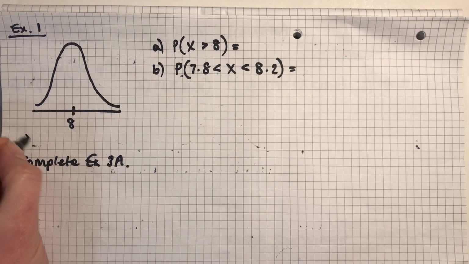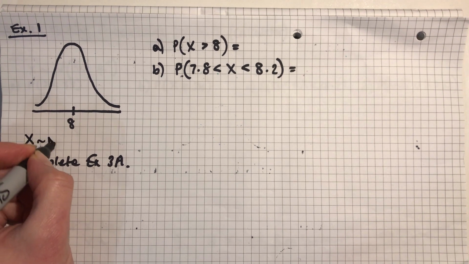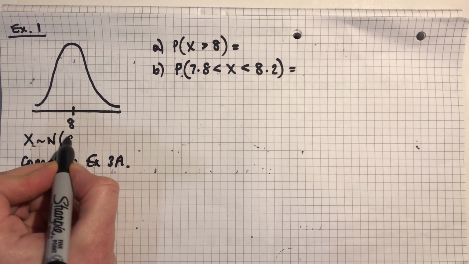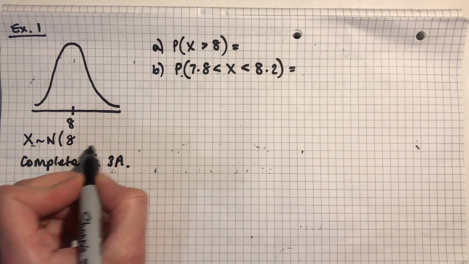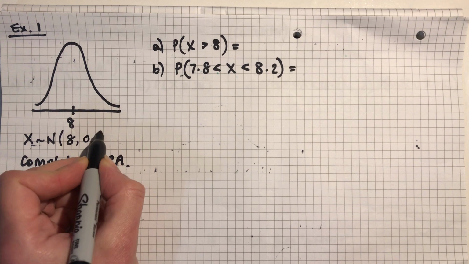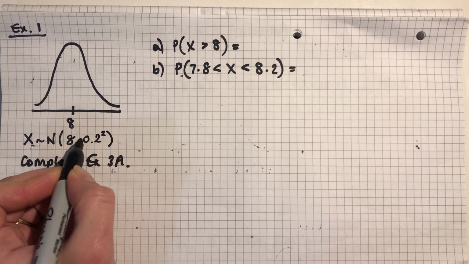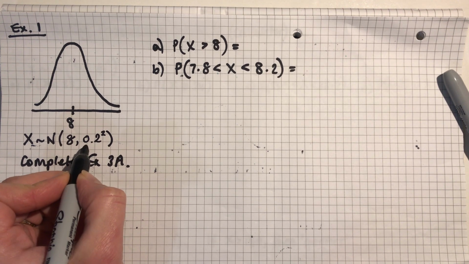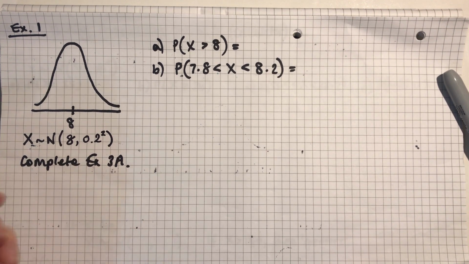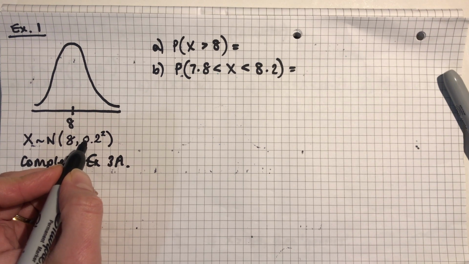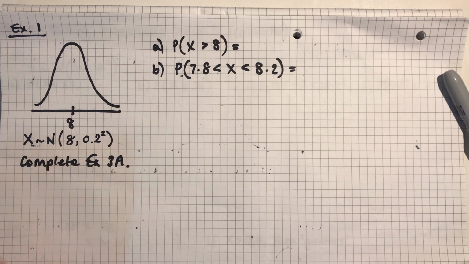We're told that these diameters, x, are normally distributed with a mean of 8 millimetres and a variance of 0.2 squared millimetres. I could work out 0.2 squared, which is 0.04, but I don't need to. I can just put 0.2 squared, and that's absolutely fine.